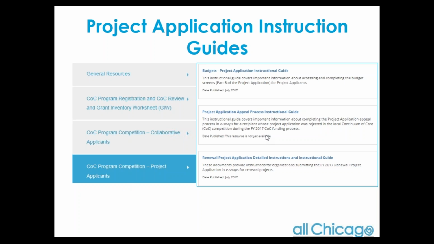That's where your resources will be, and then you can see that there's a budget instructional guide, a project application instructional guide, and the renewal project application detailed instructions and instructional guide. These are extremely helpful resources that we have on our website as well. But if more are posted, this is where you would find them.